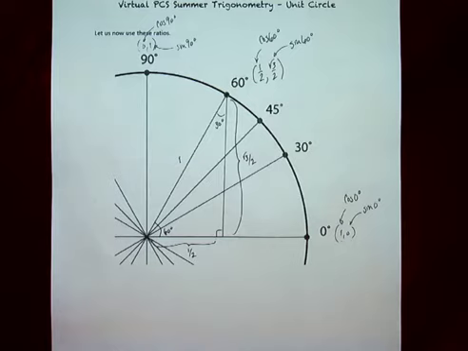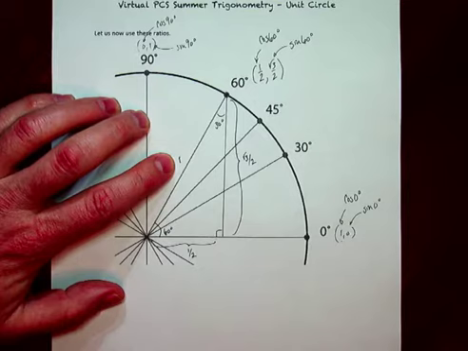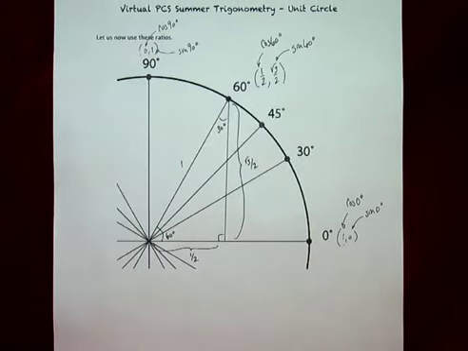Okay? And that's how we construct it. That's why those ordered pairs had the values that they have. And of course, because ordered pairs are simply horizontal distance, comma, vertical distance, but they also represent adjacent and opposite sides, which represent cosine and sine ratios because of our hypotenuse of 1 on all of these triangles, we can use these ordered pairs as a memorization tool for sine and cosine of all of these angle measurements.